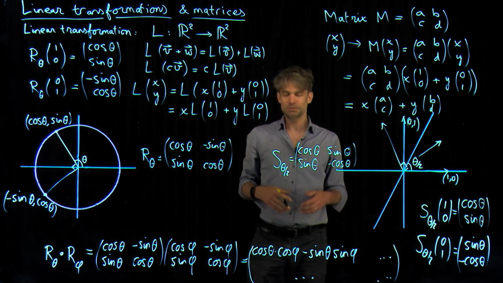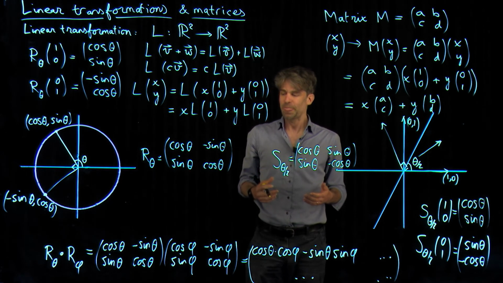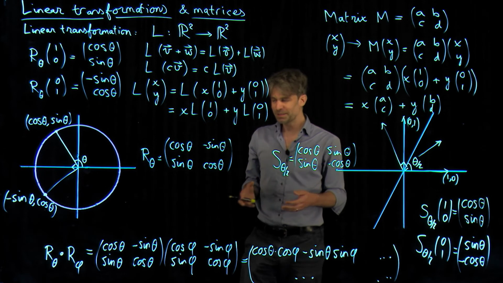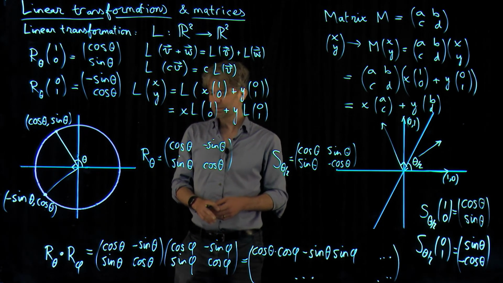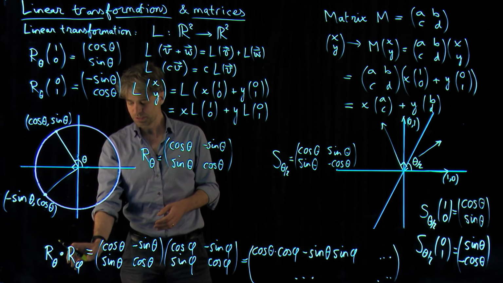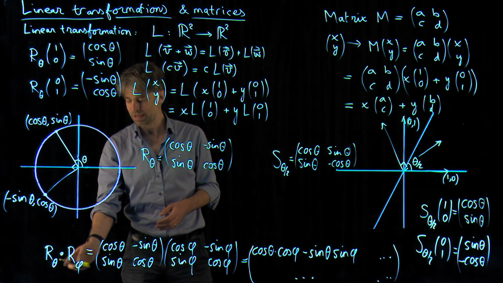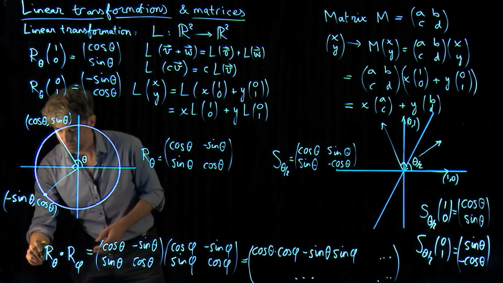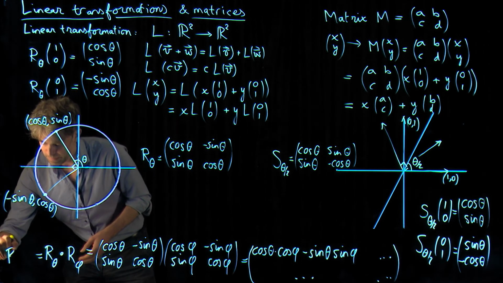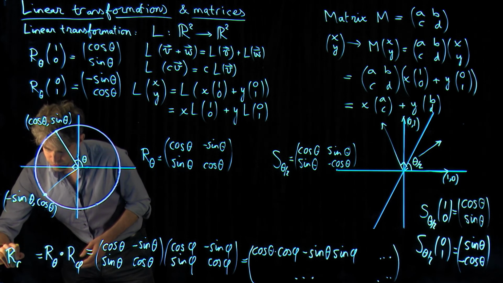But the point is, why this could be interesting is the following. Because I know this is a linear transformation, and rotating first an angle of phi and then rotating under an angle theta should be the same as rotating over the sum angle.